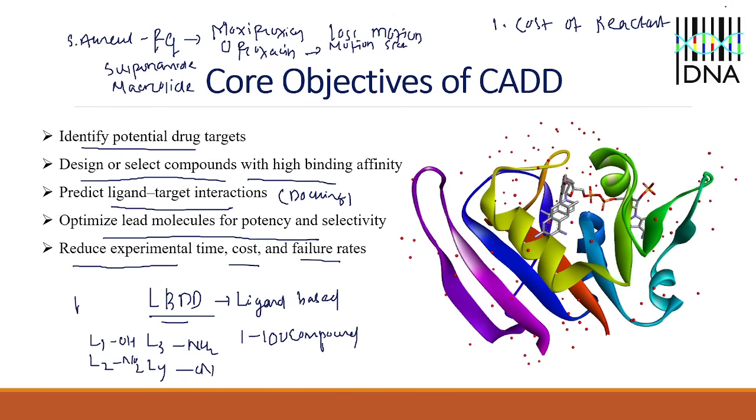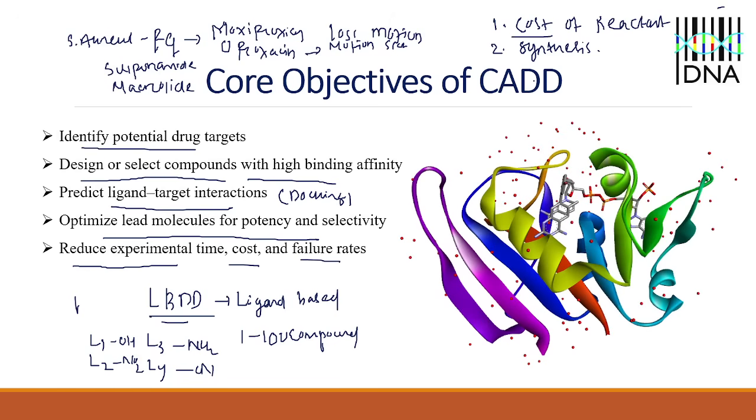The next problem that may arise when we experimentally prepare: first, the cost is there. Second, whether the reaction goes or not, the synthesis will be very hectic. We cannot prepare a set of 100 compounds just by synthesizing; after synthesis we have to purify, then go for NMR, IR, mass, and different characterization techniques.